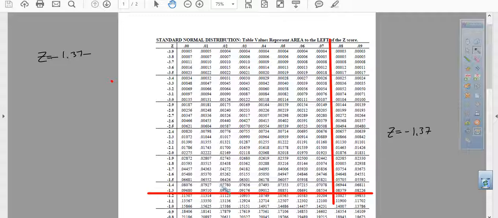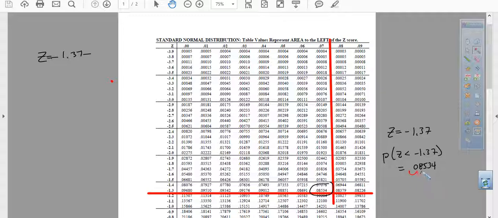So we find out in that particular case that our probability of z being less than negative 1.37 is equal to 0.08534. Alright, we move that decimal over 2 places to change it into a percent.